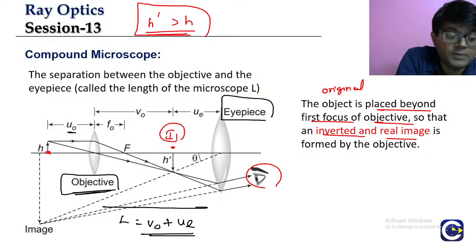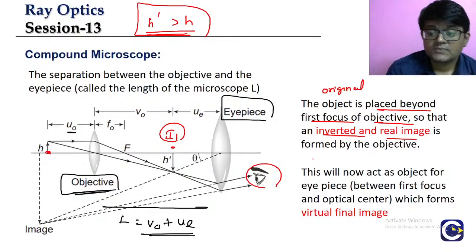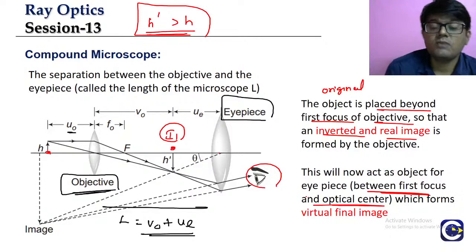So the adjustment of the lens should be such that this image I1 will be between the first focus and the optical center, so that the eyepiece forms a virtual image. The final image will be a virtual image.